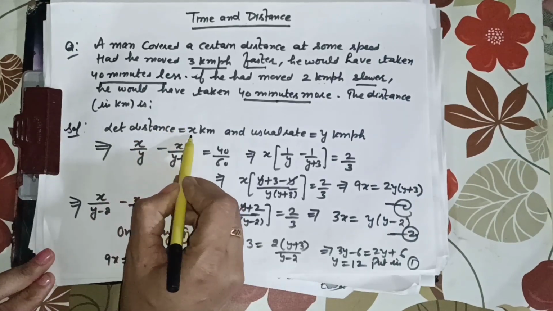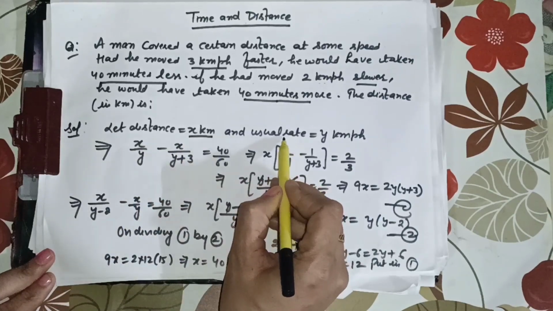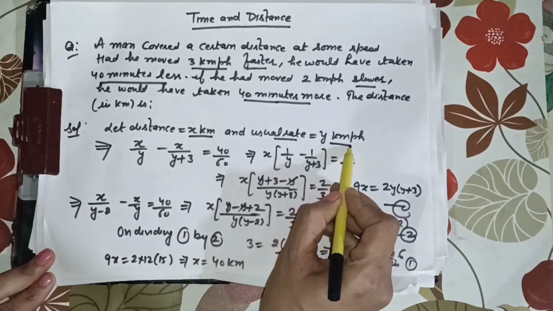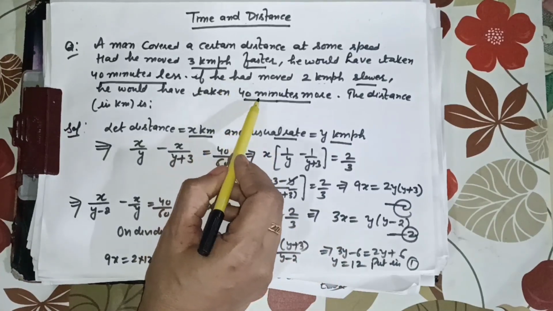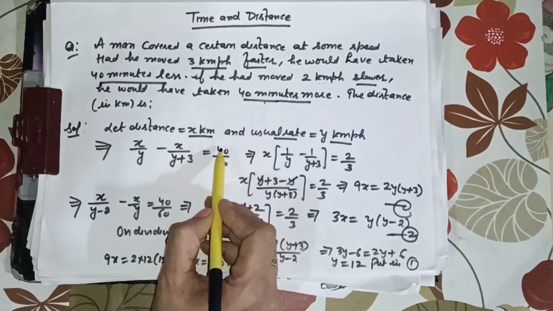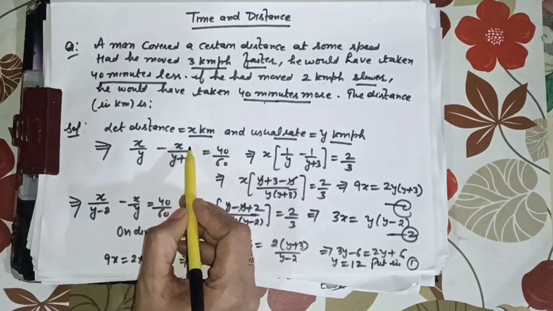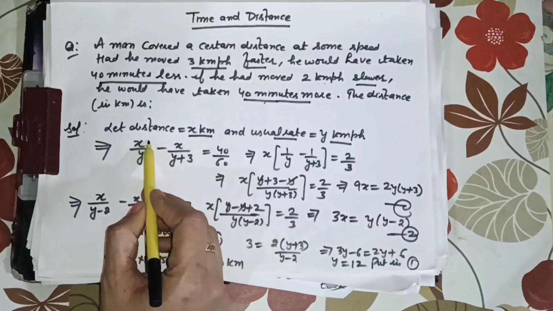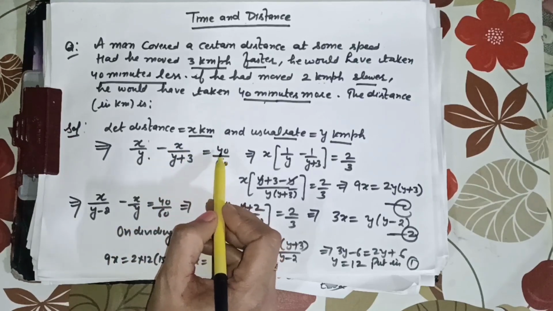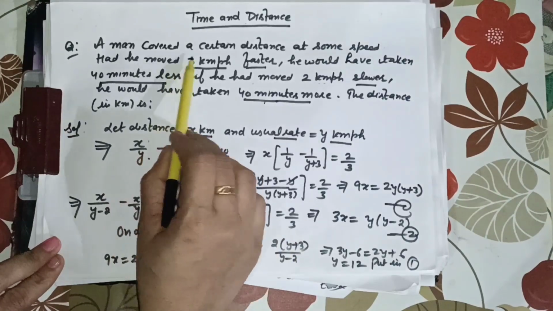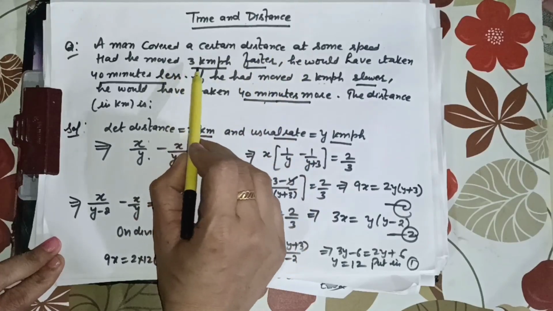Let the distance be x kilometers and the usual rate be y kilometers per hour. Because in this statement everything is compared with time, we have to make the equations in the form of time. That means distance over speed is equal to time. A man covered a certain distance at some speed.